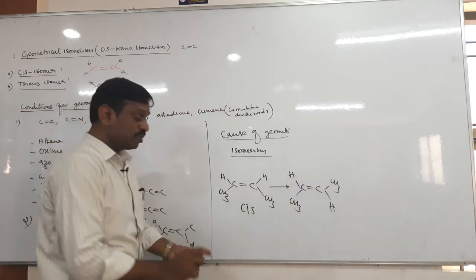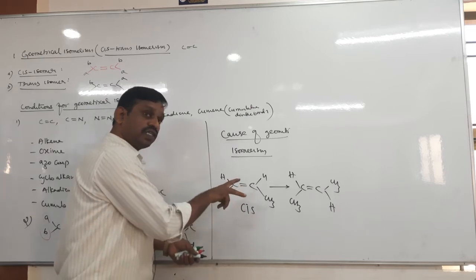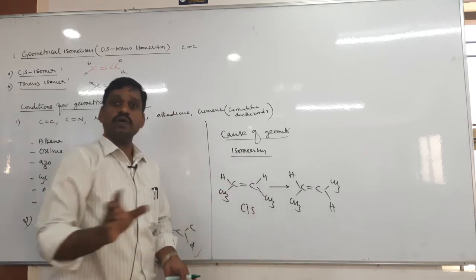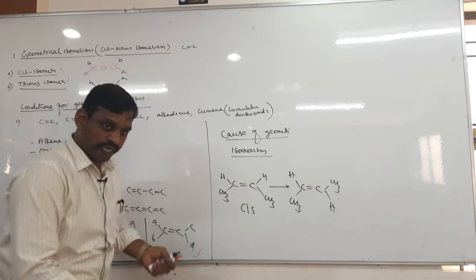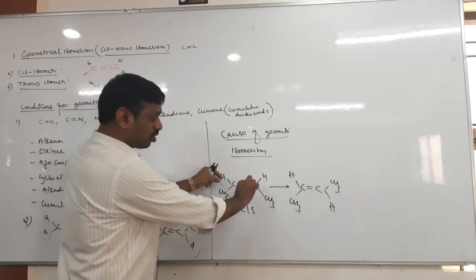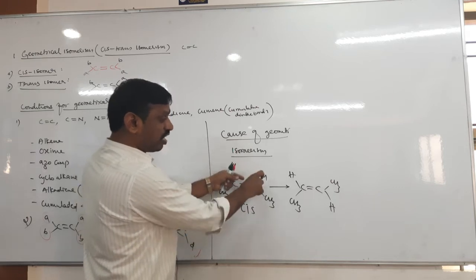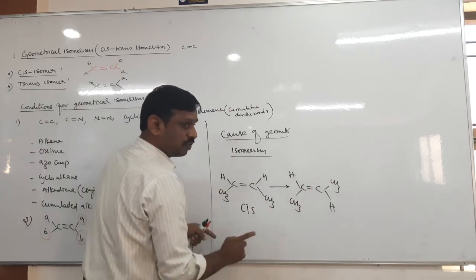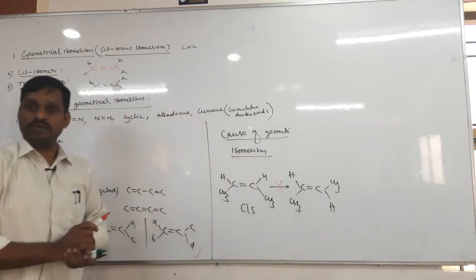This conversion is possible when the rotation about the carbon-carbon double bond is possible. So is carbon-carbon double bond rotation possible or not? It is almost impossible. So the rotation around the carbon-carbon double bond is restricted. If it were rotated, you may get methyl here and hydrogen here, but the rotation is not possible.